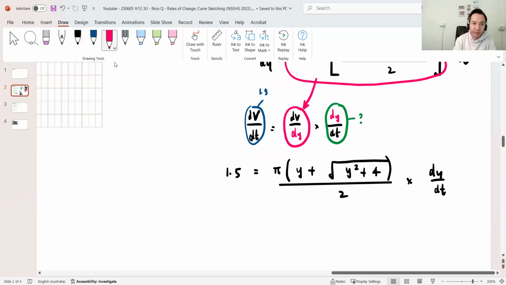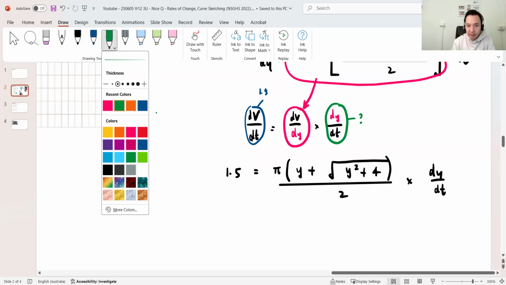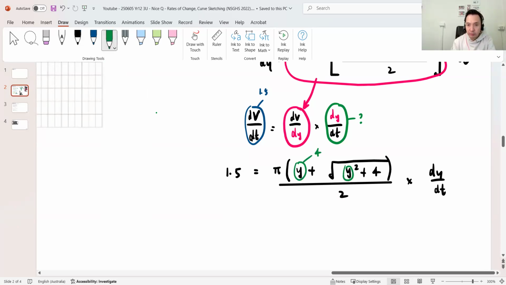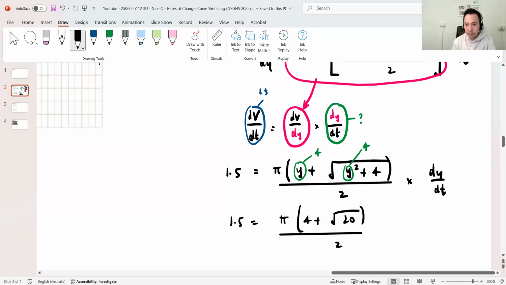And then remember the last piece is that you've got to sub in y is 4, from the question itself. So then you get 1.5 equals pi times 4 plus, what's that, 16, so root 20, on 2 times dy/dt.